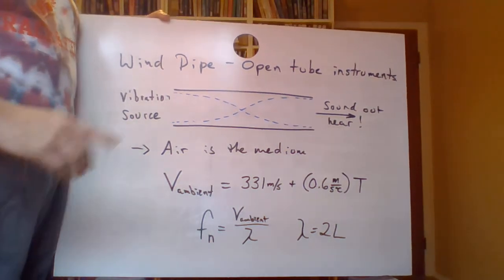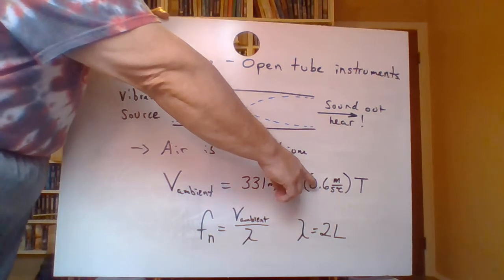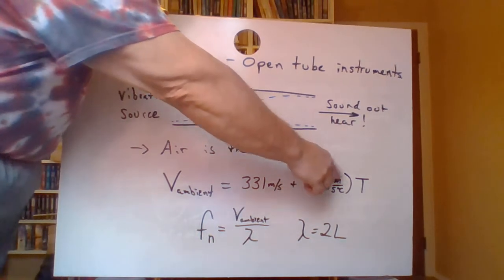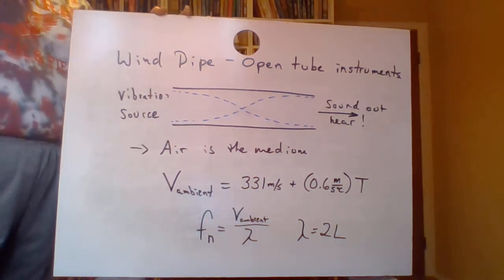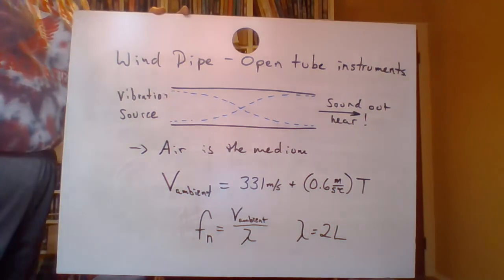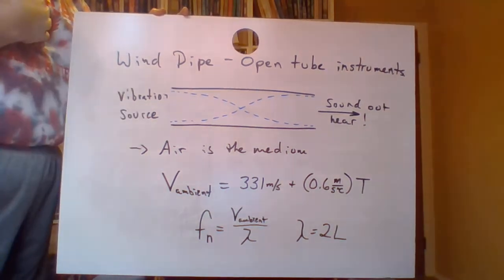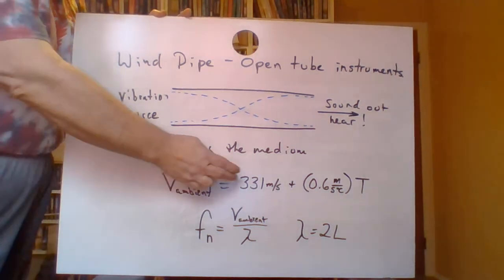So at 20 degrees Celsius, that makes this a factor of 12. So you would add it to this. So for the speed of sound right now in your room, the speed that the sound is coming out of the speakers of your laptop to your ears is about 343 meters per second, not 331.